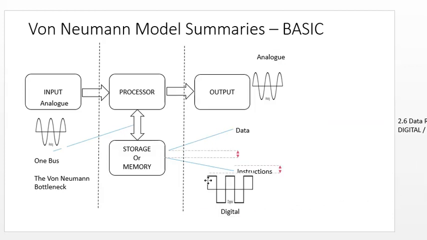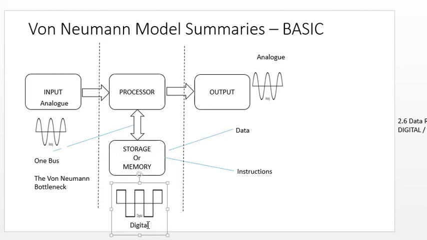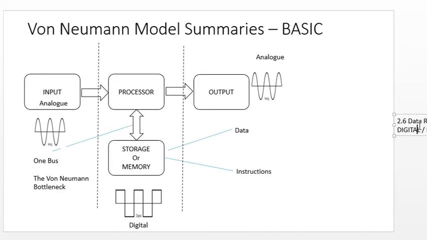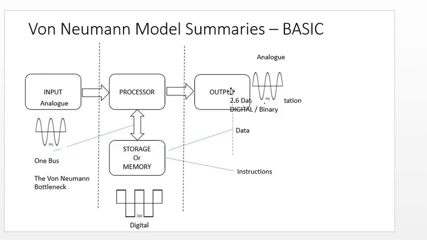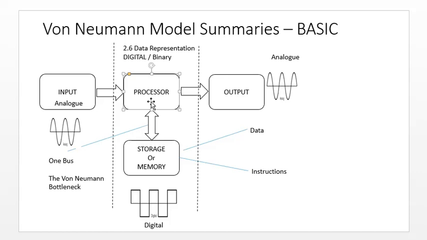Computers, on the other hand, all this bit in the middle, the processing and the storage of the data, all takes place as digital. In other words, all the processing of all the information that happens inside a computer, the CPU, the processor, and all the storage, is digitized, all represented as binary ones and zeros.